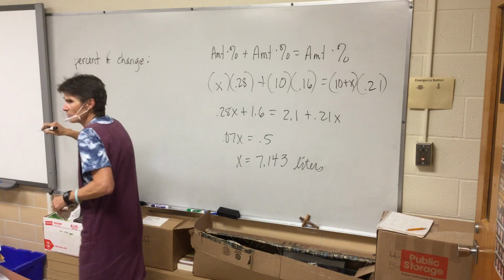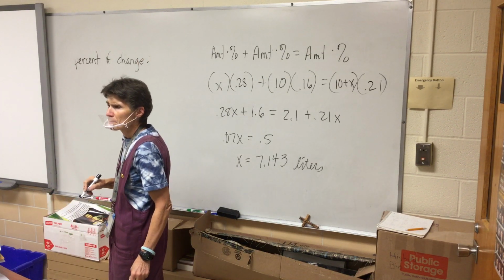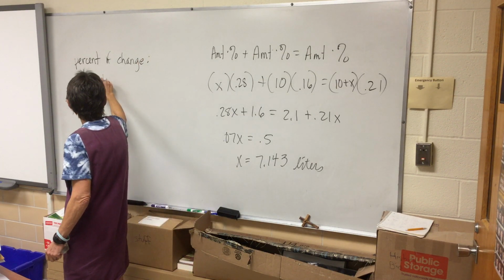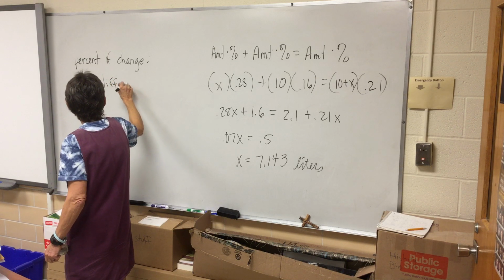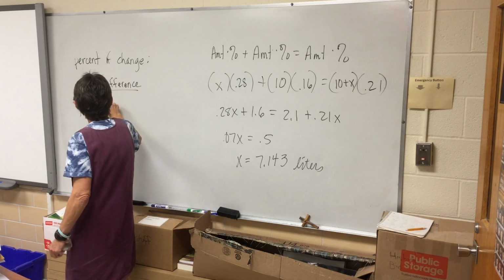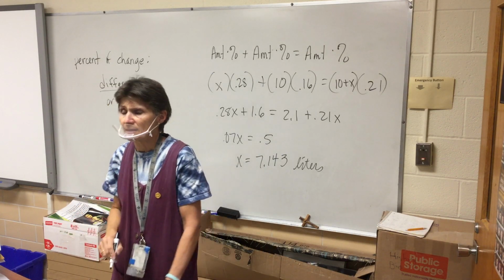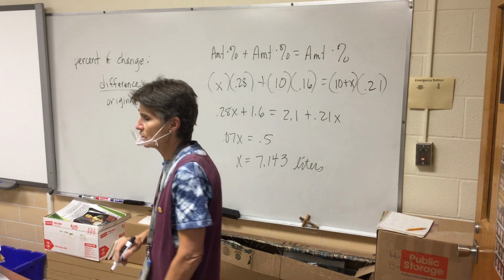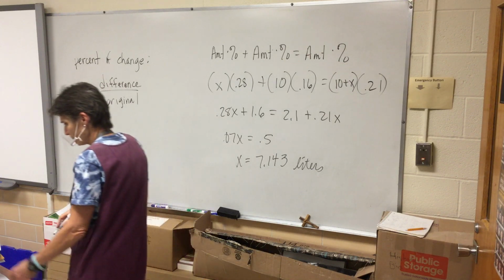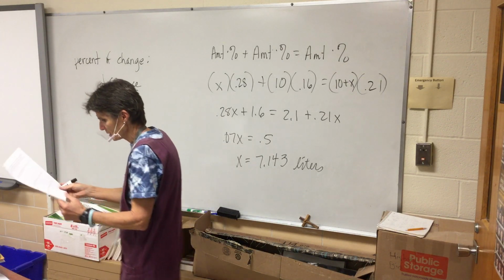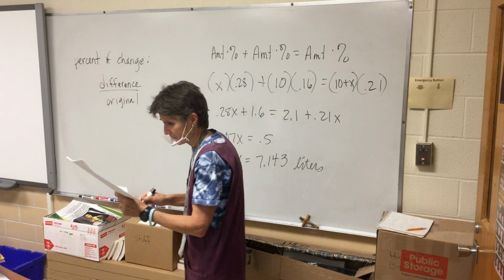Anybody remember how we do that? It doesn't matter whether it's increase or decrease. You take the difference and you divide it by the original. That's it. It's the difference divided by the original. You learned that back when you were freshmen. So what's the difference?